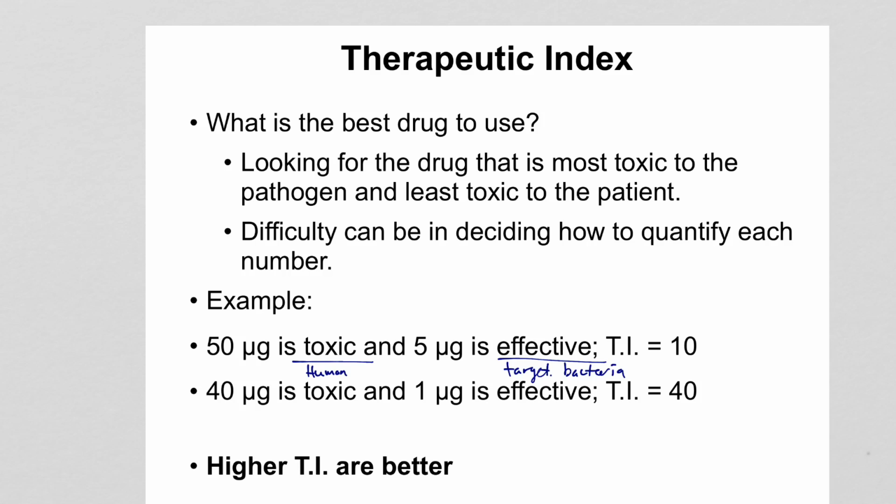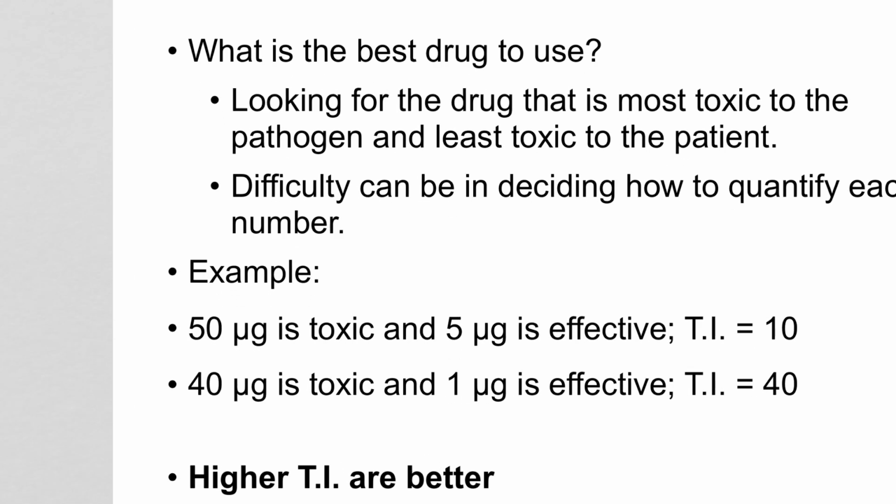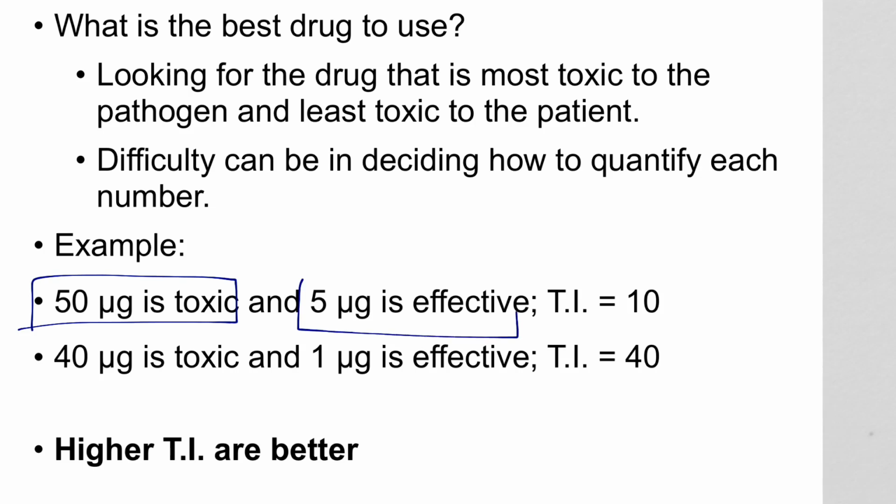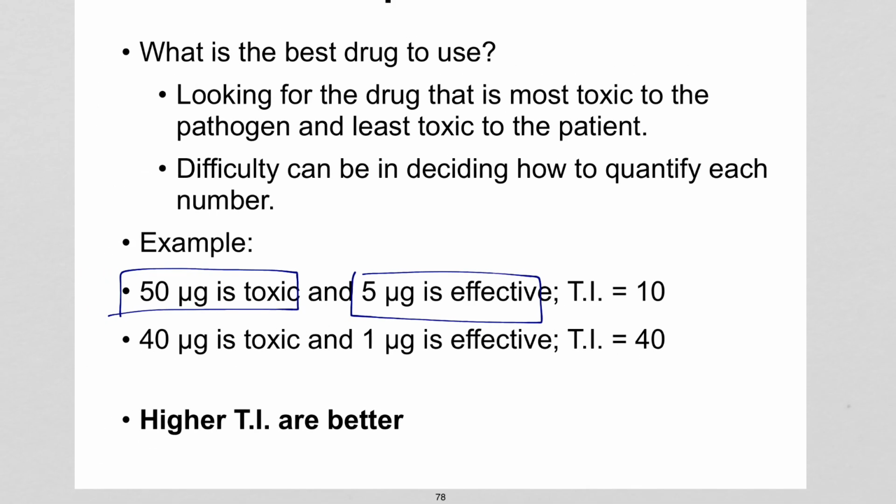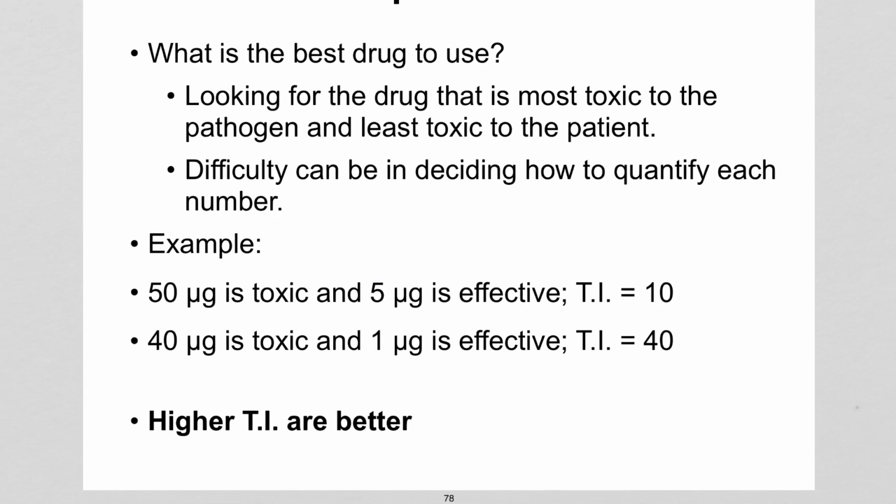So in this example, we're saying it takes 50 micrograms of a drug to be toxic, to be dangerous. It only takes 5 micrograms to be effective. Right? 50 divided by 5 equals 10. This just means, rephrased the other way, you would have to overdose to 10 times the effective dose to become toxic.